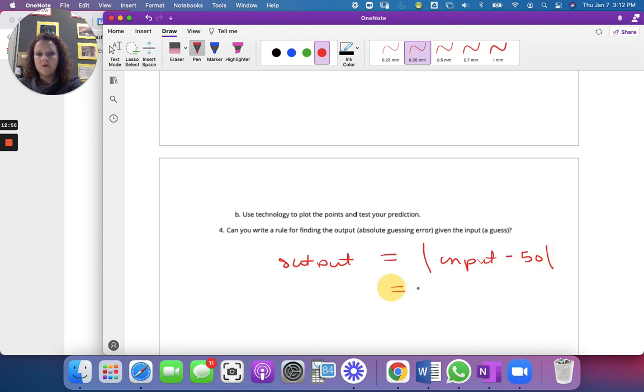Or you could do 50 minus input. It does not matter as long as you take the absolute value of it. That would be my output. That's my rule. All right, and we're going to stop for now. Good job.